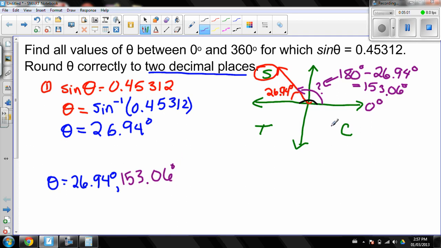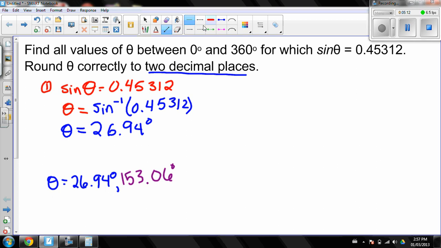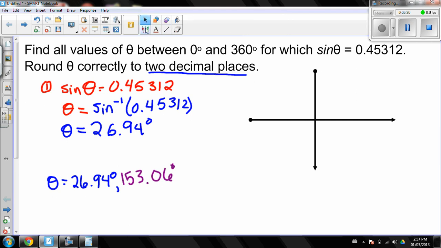So we're going to wind up with two solutions because, remember, based on my CAST rule, just going to draw a new set of quadrants here. So here's one, and here's a second. Remember that based on your CAST rule, the letters tell us where something is positive.